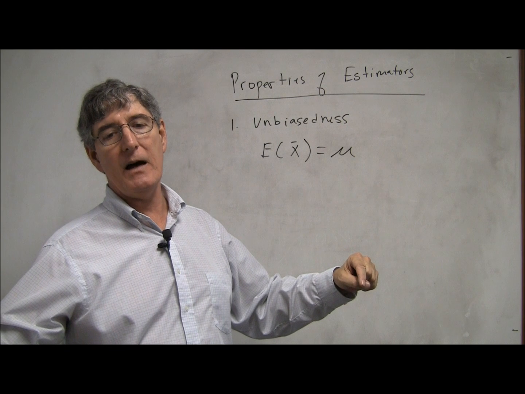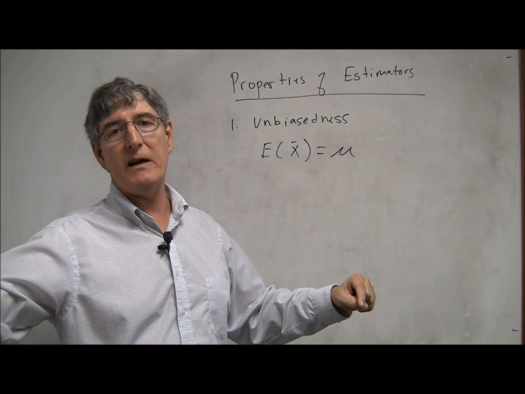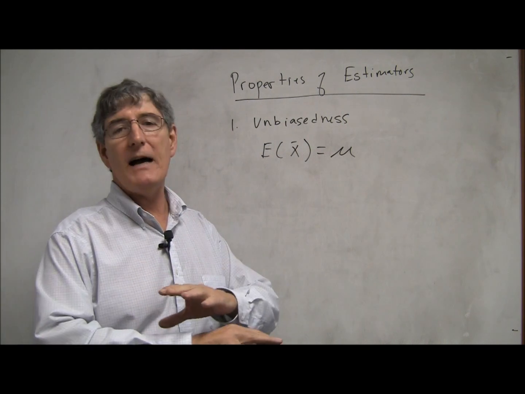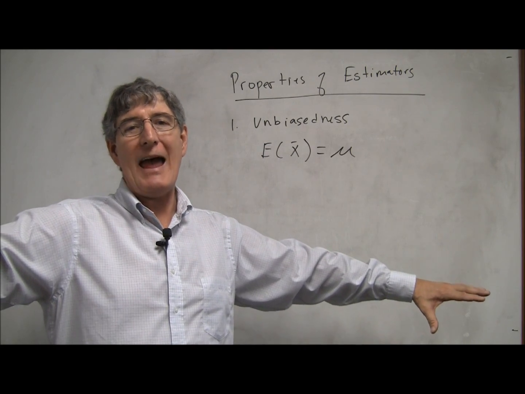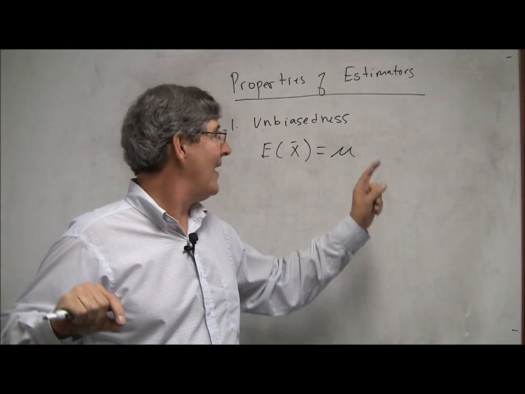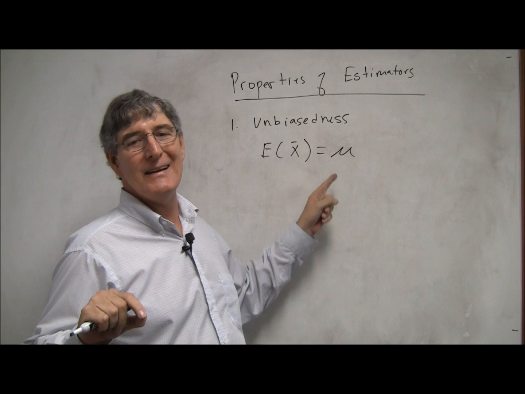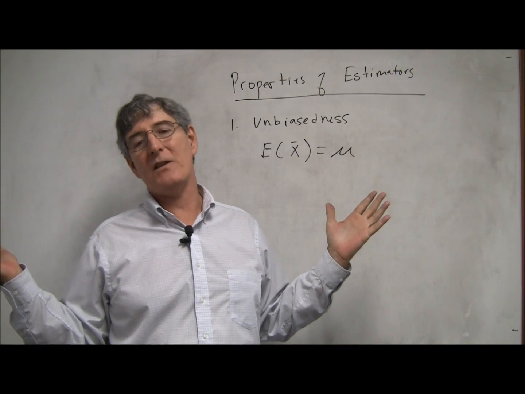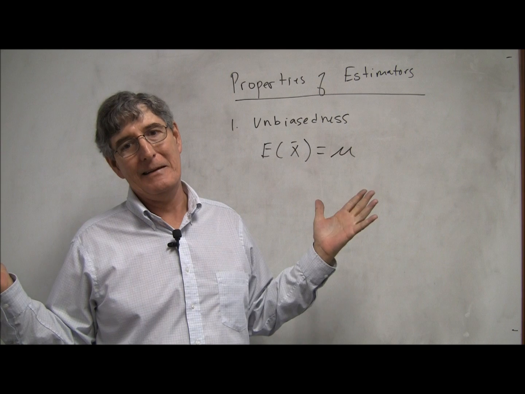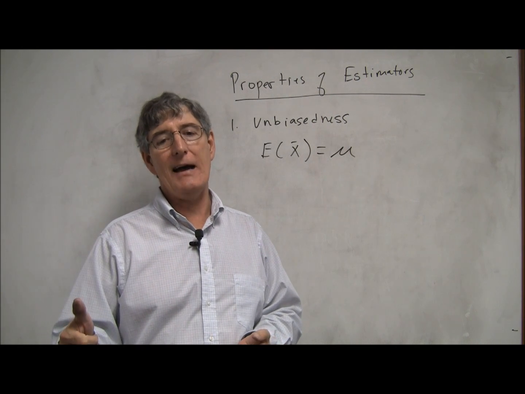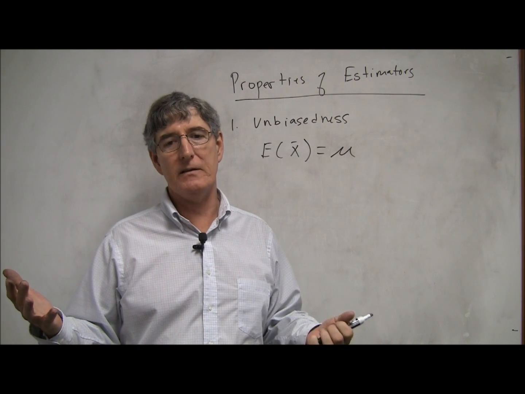Another sample of 100, measure x bar. Another sample of 100, measure x bar. If I did that an infinite number of times and I averaged all those x bars, I'll get the true value. It's just like taking a larger sample, right? If I flip a coin 10 times and say on average, what did I get?